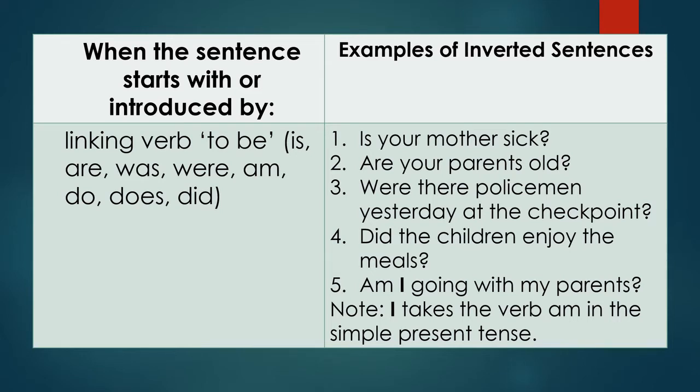Number 3, Were there policemen yesterday at the checkpoint? Number 4, Did the children enjoy the meals? And number 5, Am I going with my parents? Take note, I takes the verb am in the simple present tense.